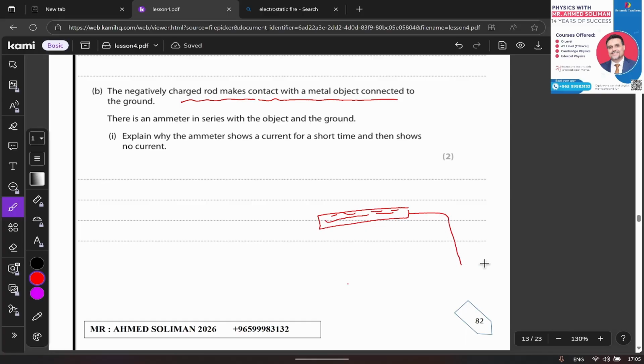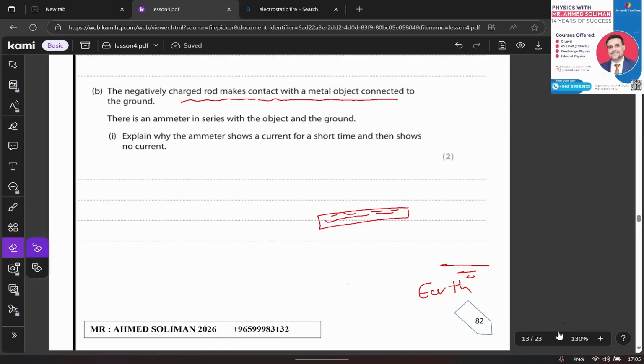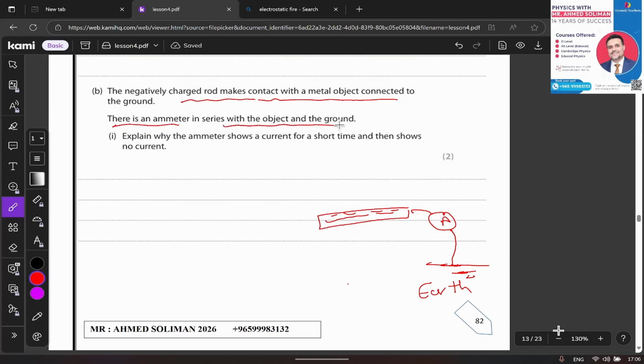Connected with a conductor to the ground. We call this earthing. And we connect an ammeter here. He said there is an ammeter in series with the object and the ground.